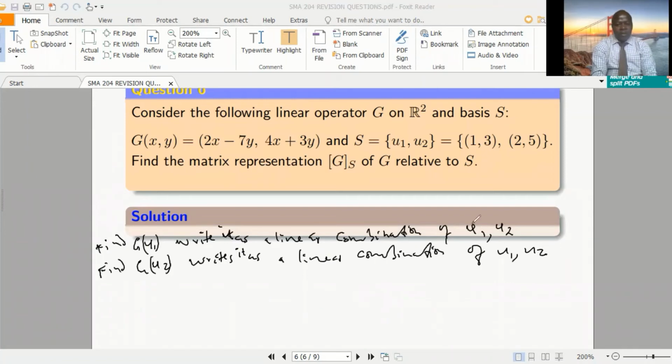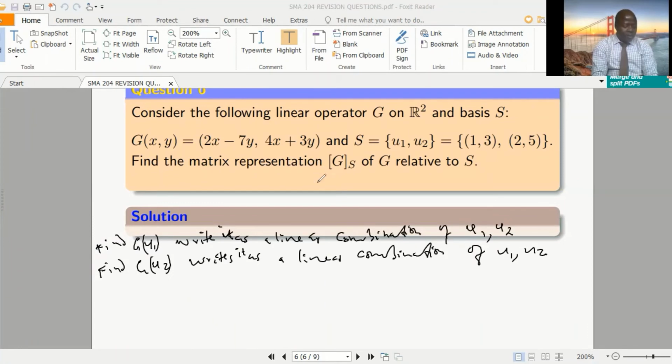So find those linear combination equations, and then from those write the transpose of the coefficients. That is what we are looking for.